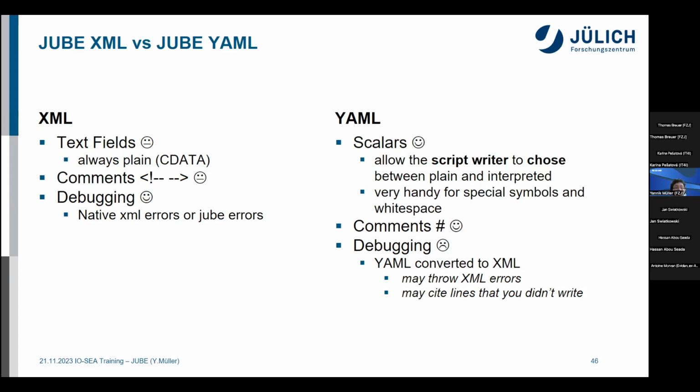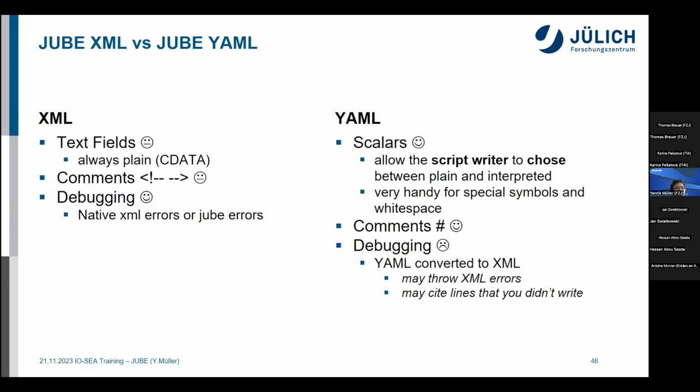So, I mean, you can often, by looking at what parameter, for example, the XML failed, check your YAML equivalent parameter and see, okay, here I did something fishy. Let's fix that. But yeah, at the end, this might sometimes cause a little bit of headache.